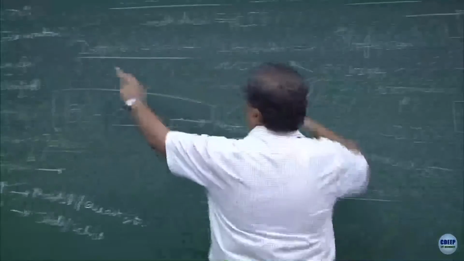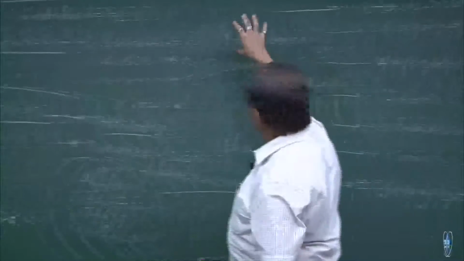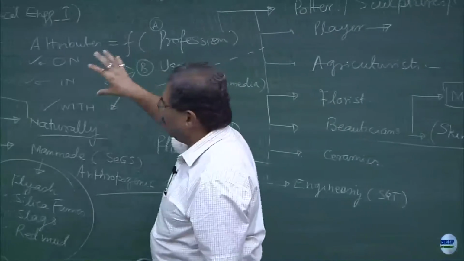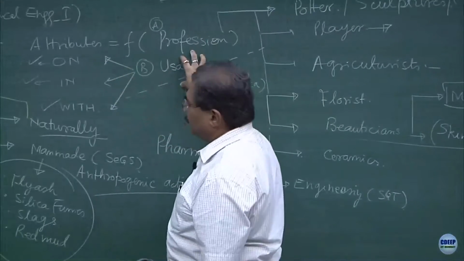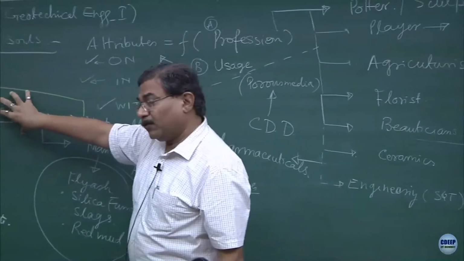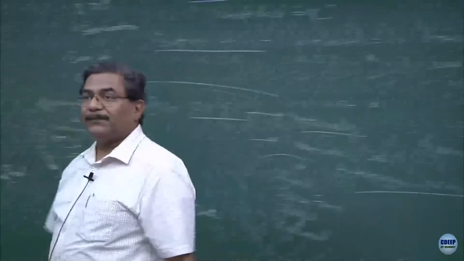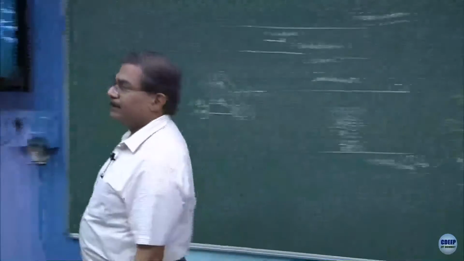Now, what this has to do with the definition of the soils? You remember we were talking about the attributes, profession, then we were talking about uses, then we were talking about what is the origin, and now we have to talk about the transporting agencies. Is this fine?